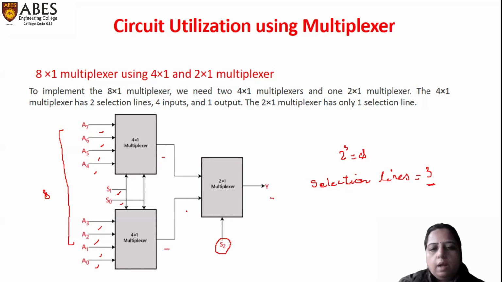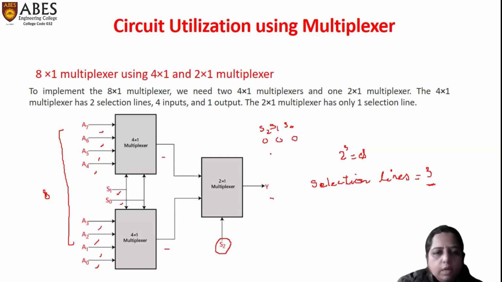So to select one output at a time, we require this 2:1 multiplexer, connected to the outputs of the two 4:1 multiplexers, and depending on the value of S2, we will get the output.